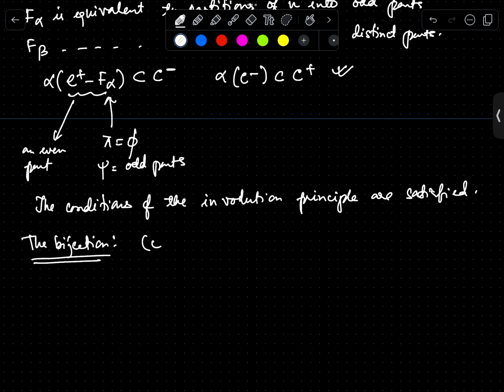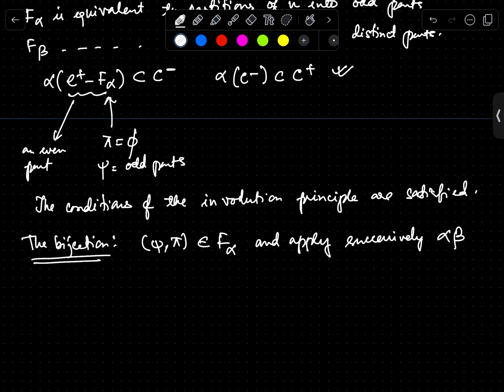We choose some tuple psi, pi which is in F alpha. That means we start out with a psi and pi where pi is empty and psi is a partition into odd parts. And then we apply successively the permutation alpha beta.